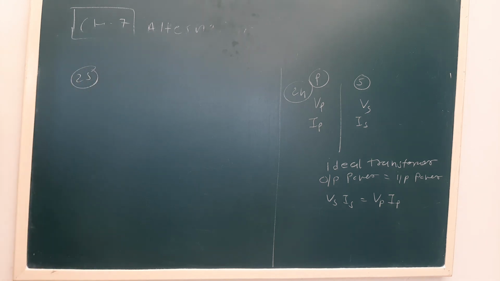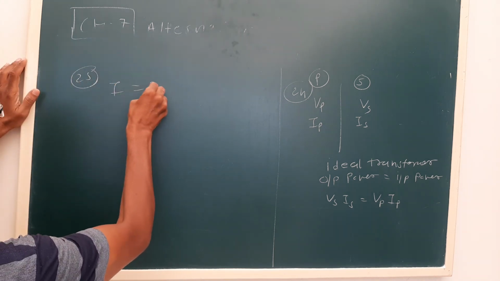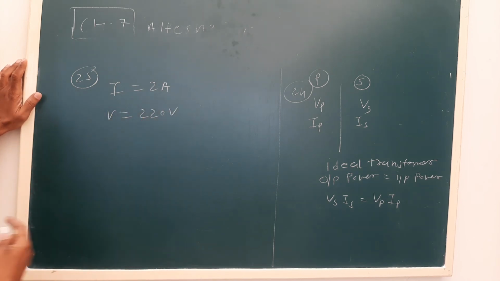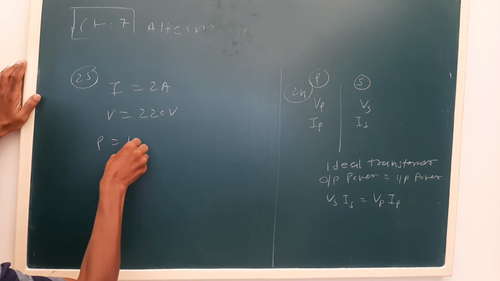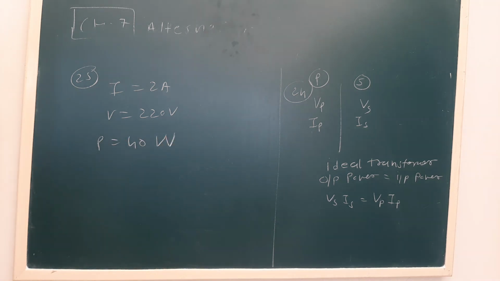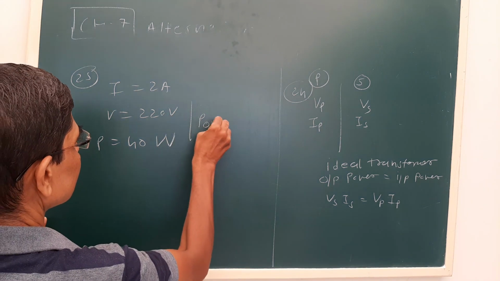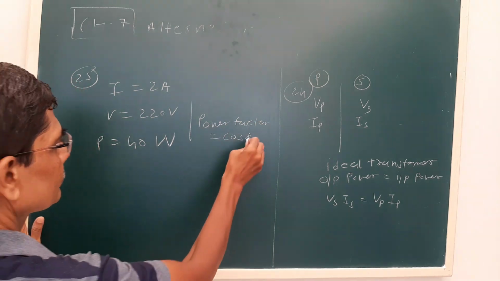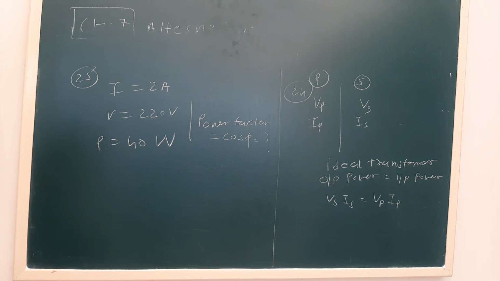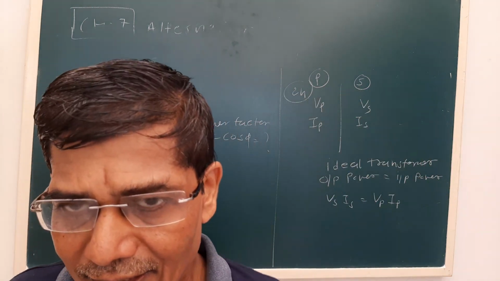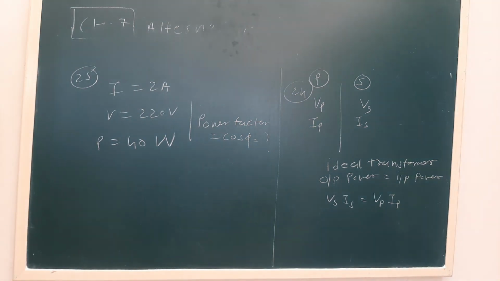Now see here, in an AC circuit the current is given as 2 ampere, the voltage is given, and power is 40. What is the power factor? Now, unless mentioned, we assume that the current and the voltage in the AC circuit are RMS current and RMS voltage.